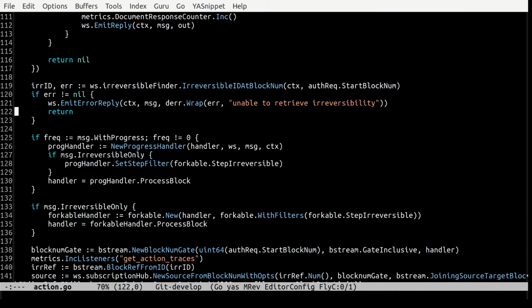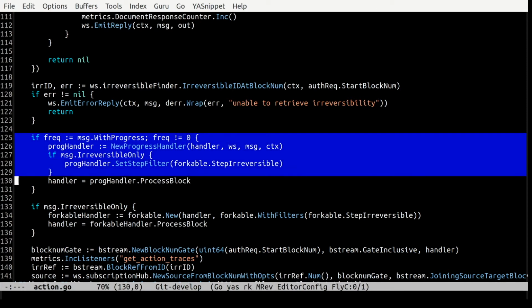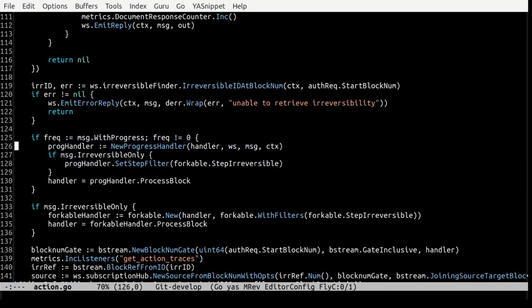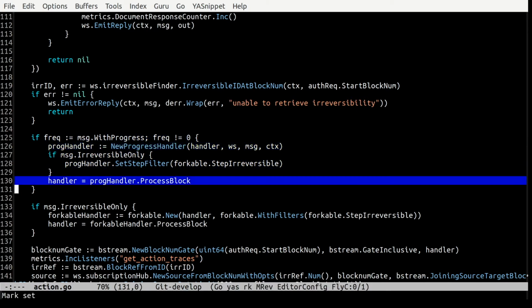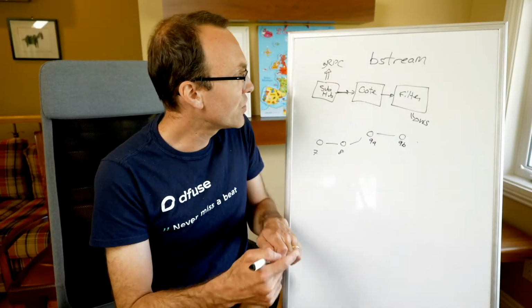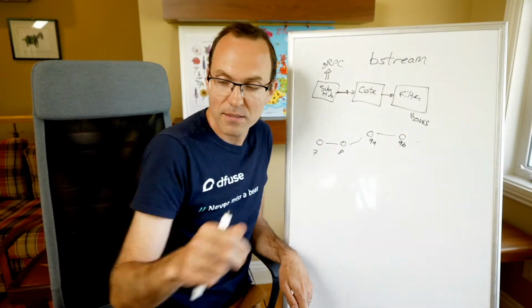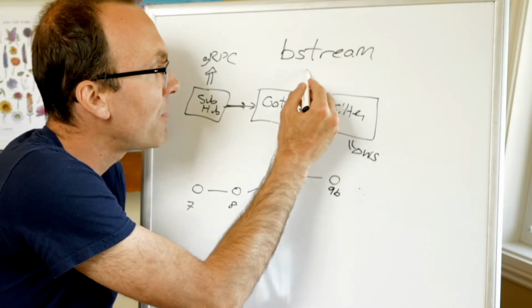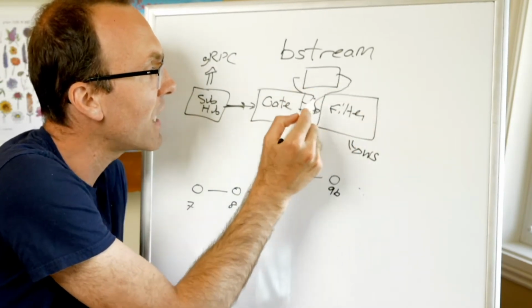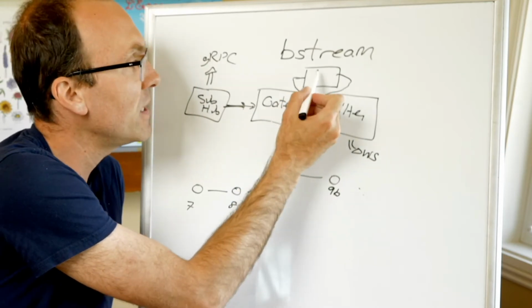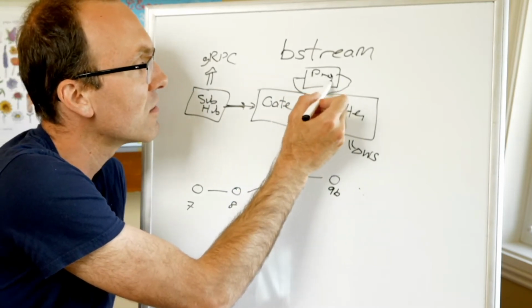But also before that, if you've asked with progress, this is an option in the WebSocket stream, we'll actually decorate. We're going to create another handler, and we're going to replace our handler. It's going to optionally insert a box, right? It's going to say whoop like that and like that, and this is going to be the progress handler.